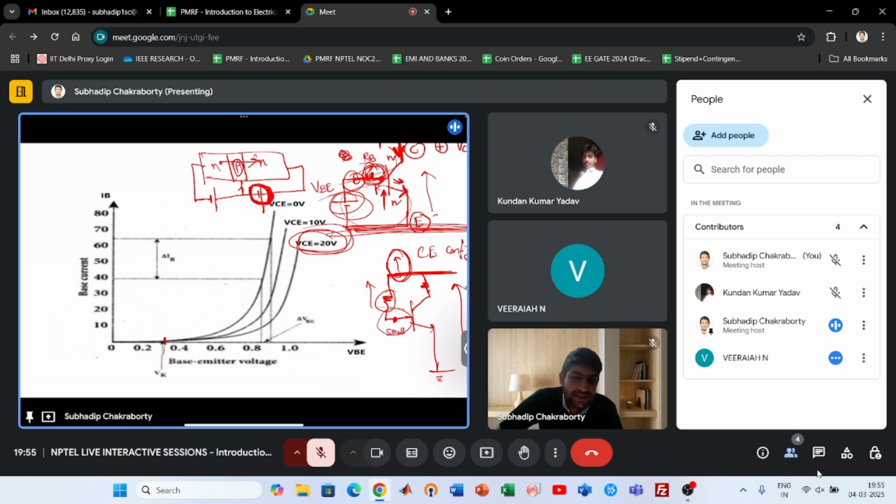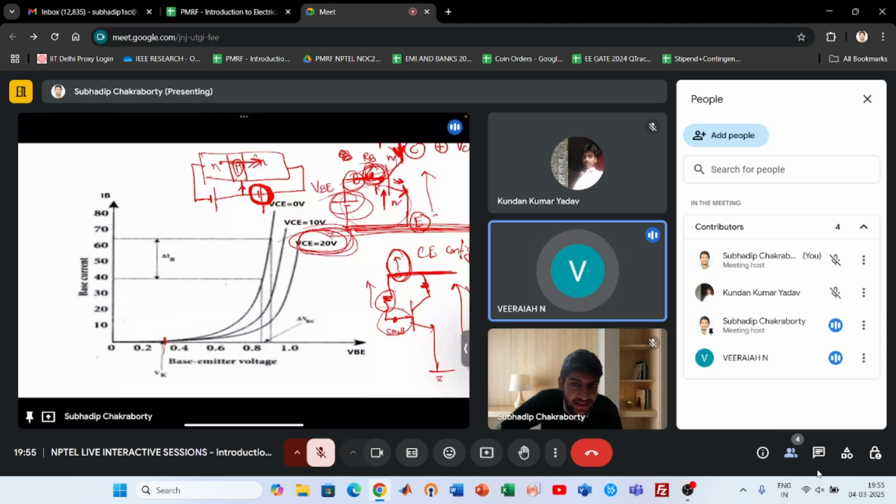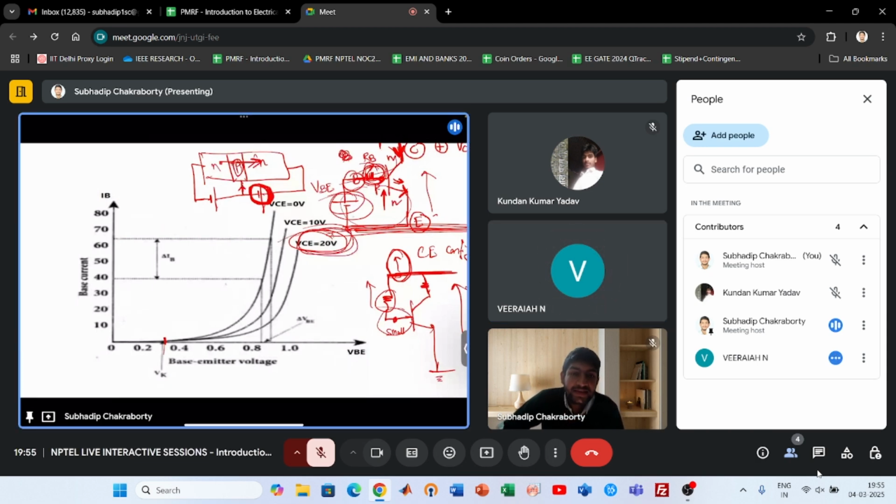In other words, the recombination process at the base is not that much, because you are forcing charge carriers to quickly flow into this region. So there is not much recombination, and that will reduce the base current. So yes, that will reduce the effective base width.